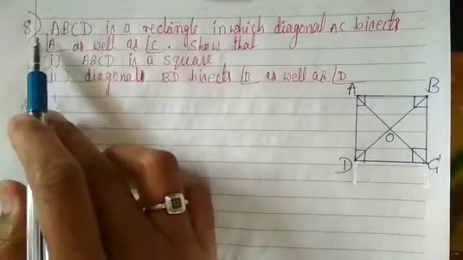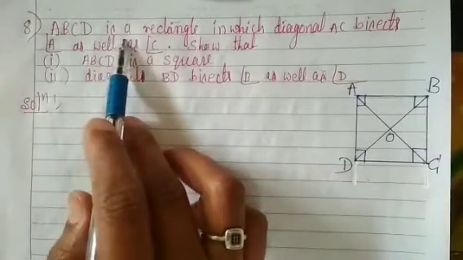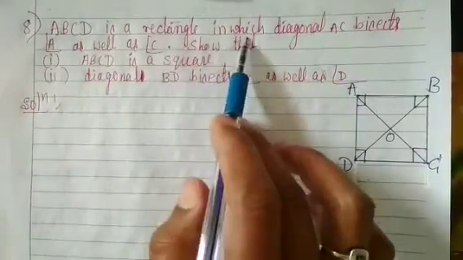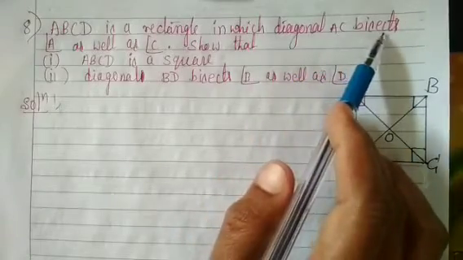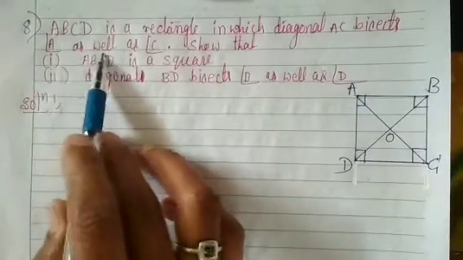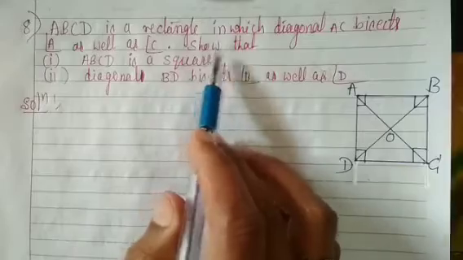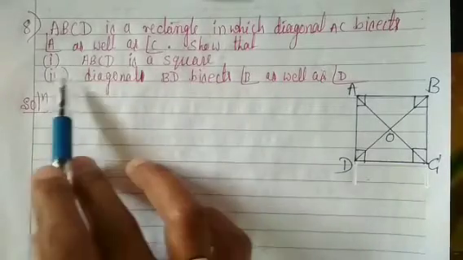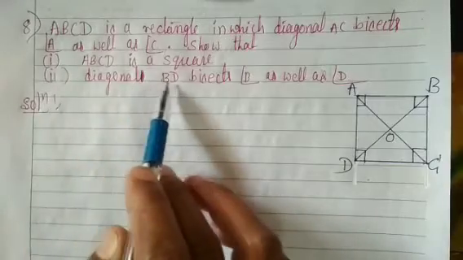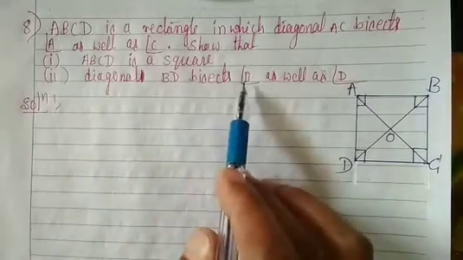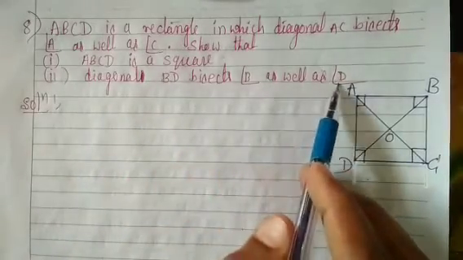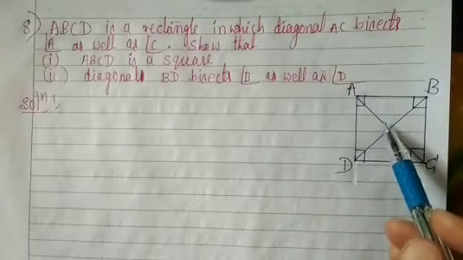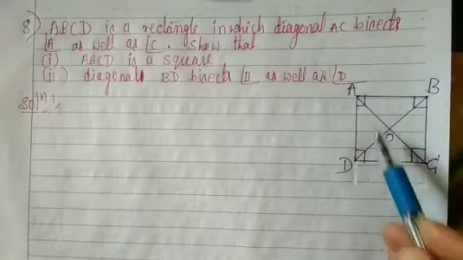Question number 8. ABCD is a rectangle in which diagonal AC bisects angle A as well as angle C. Show that first, ABCD is a square, second, diagonal BD bisects angle B as well as angle D. Dear students, listen carefully.